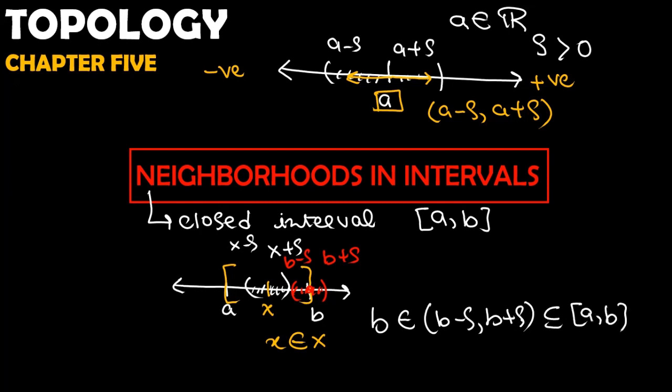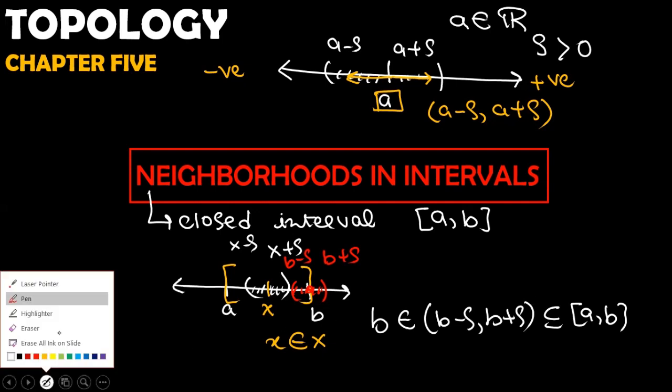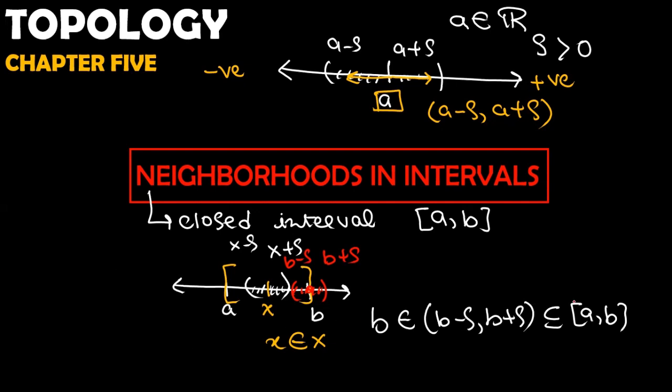The neighborhood of the endpoint of the interval is not contained in our closed interval. That is why this closed interval [a, b] is not a neighborhood of point b.